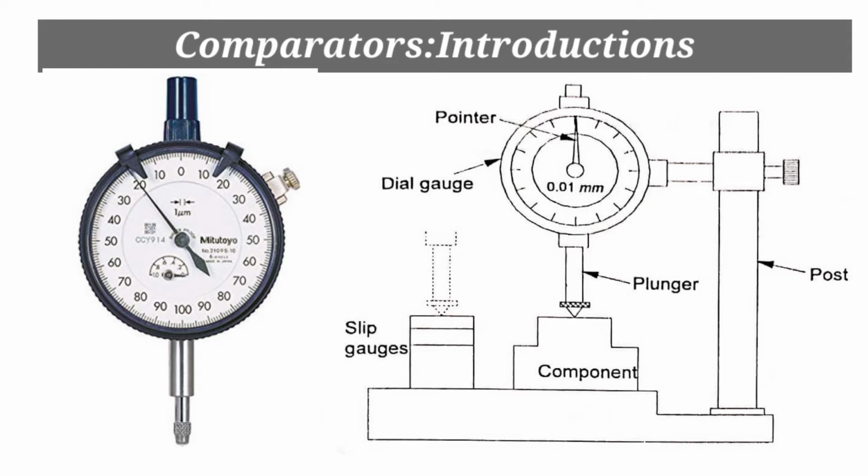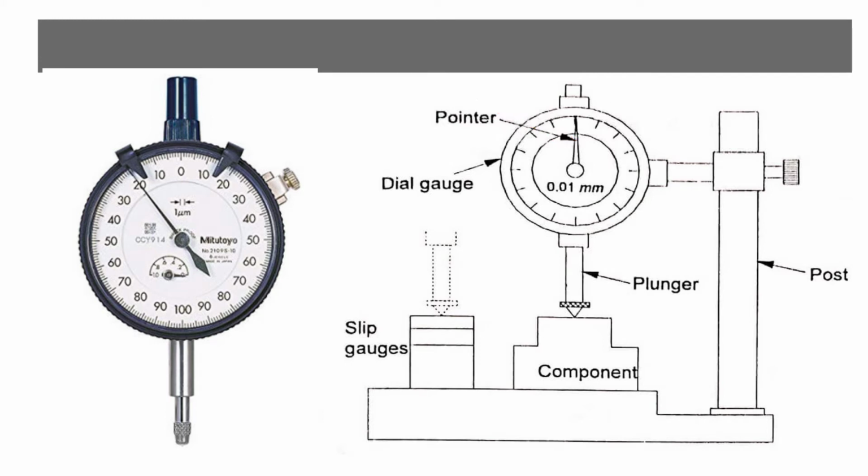Then for the inspection process, we just put this component under the plunger of the dial indicator and note down the deflection of the plunger, which should be within the tolerance limit. Then we can say that the component is okay. Thus in this way, the dial indicator can be used as a comparator in mass production.